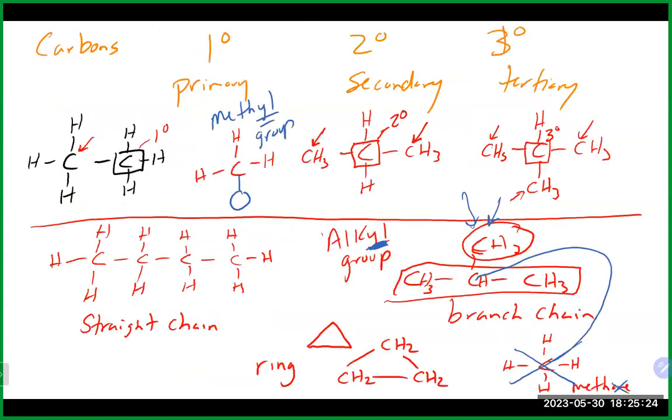So that brings us to talking a little bit about isomers. We talked a little bit about isomers when we were talking about transition metals, but isomers are basically the same molecular formula, but you've got some type of different connectivity.